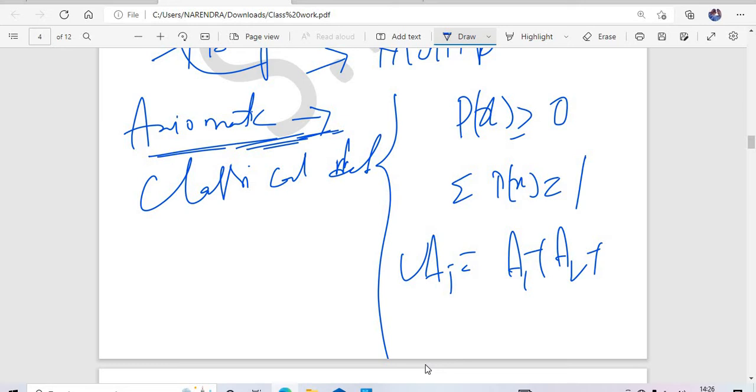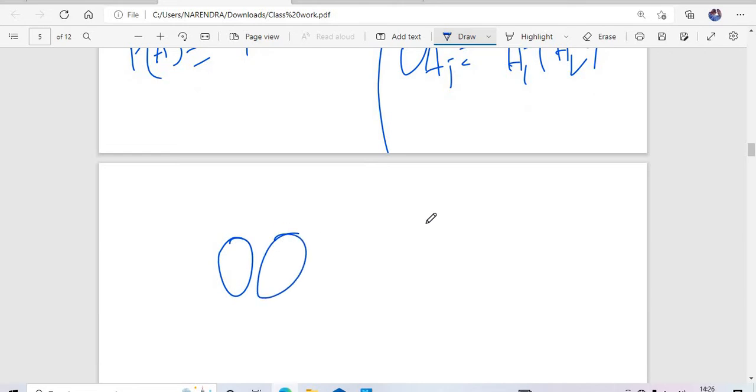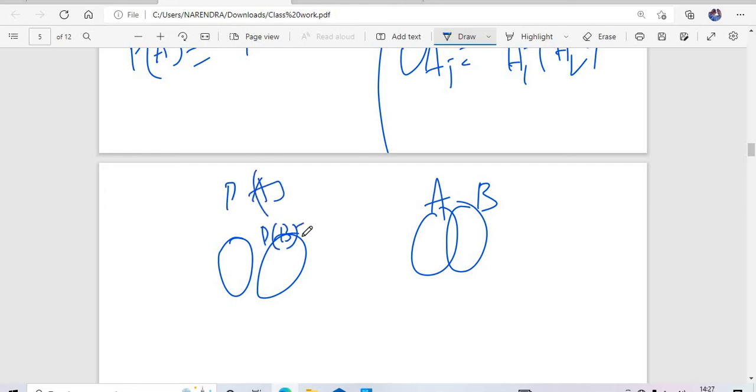From the axiomatic definition, they may give you probability of A or probability of B, Venn diagram based questions, like two events with some values, probability of A, probability of B, or probability of something else, and then ask you to find another event.